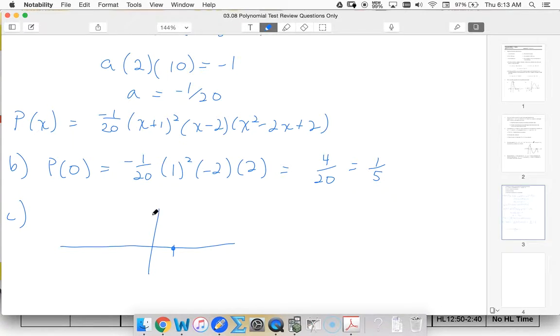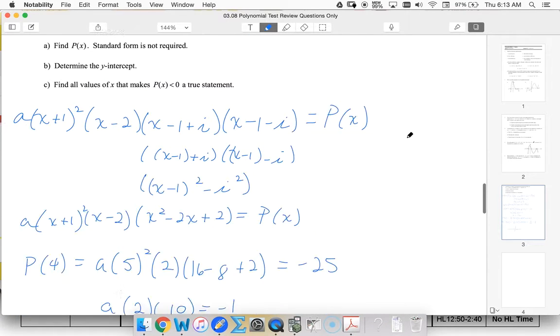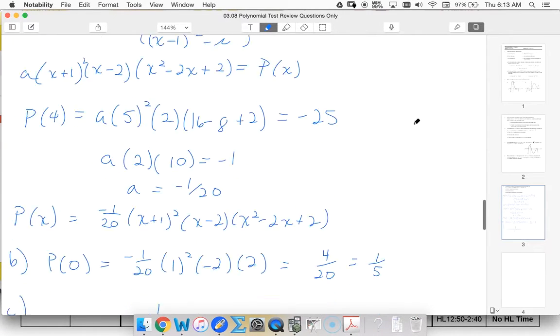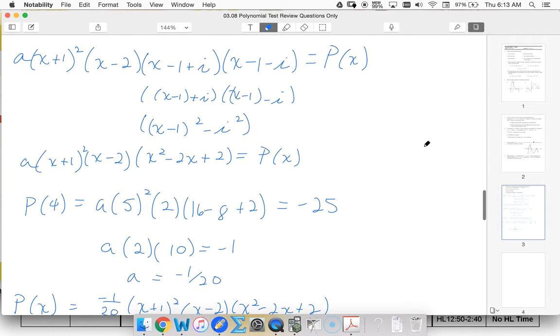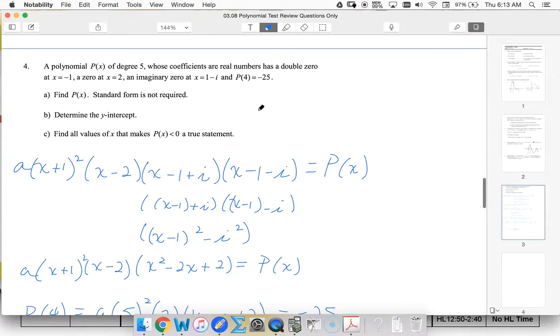And then I had 2. Whoops. Okay, sorry. Let's call this one 2 and this one -1. Here I'm going to bounce either up or down. 1/5 is my y-intercept, so I can have my y-intercept down at 1/5. And I have no other real roots.